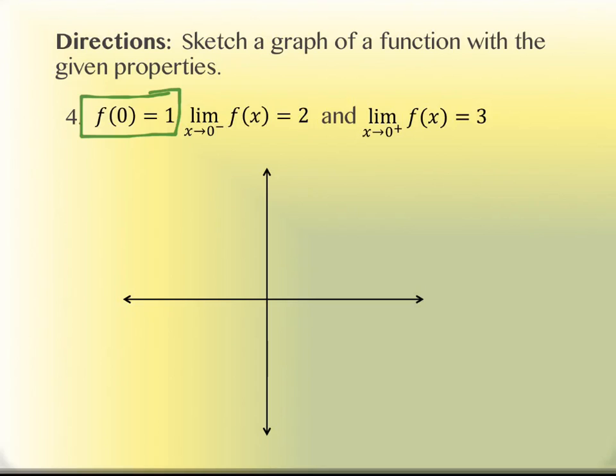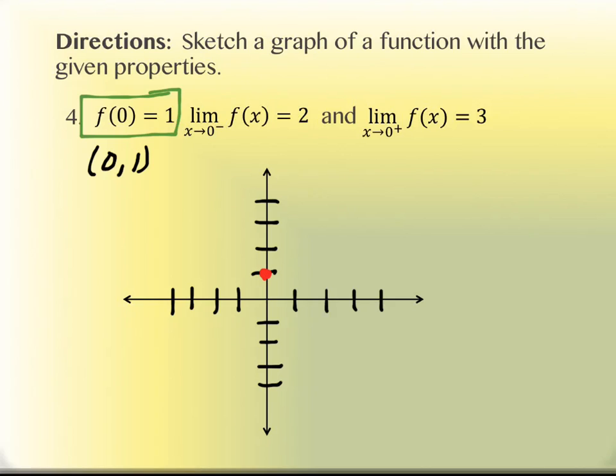What does f of 0 equals 1 mean? It's actually a point on the y-axis, so it's the point 0, 1. It means that on our graph, we are all going to have a location, part of our graph, at 0, 1. So you've got a point somewhere like that. That's part of my graph.